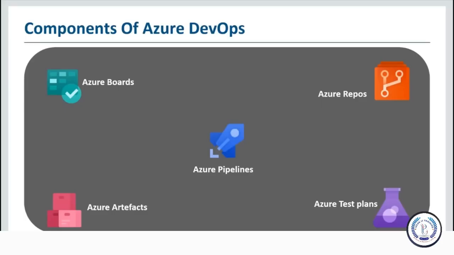There are 5 components of Azure DevOps. We have Azure Boards, in which you can manage your work items and tasks. You can create either Scrum boards, Kanban boards, or have the agile process. All this is handled as part of Azure Boards. Second is Azure Repos, where we have Git and TFS in which you can check in your code and manage all the branches.